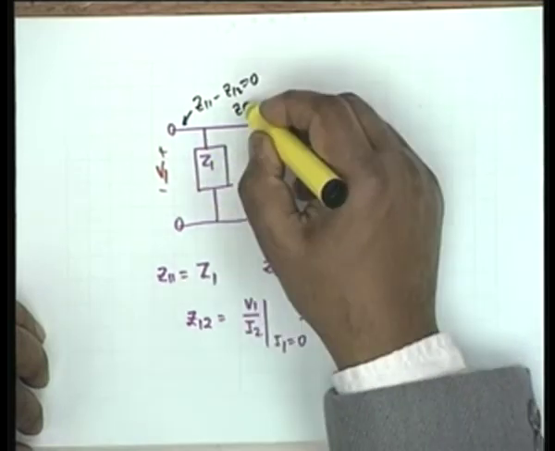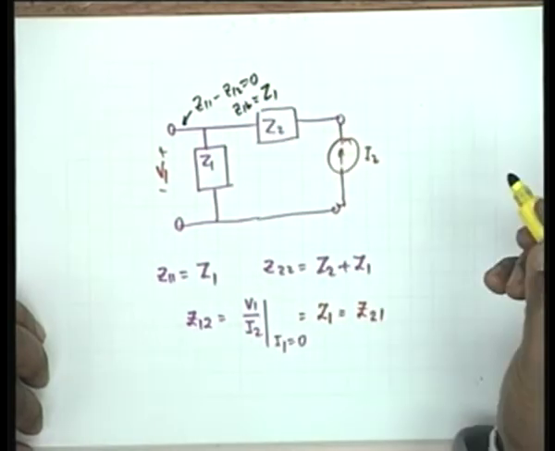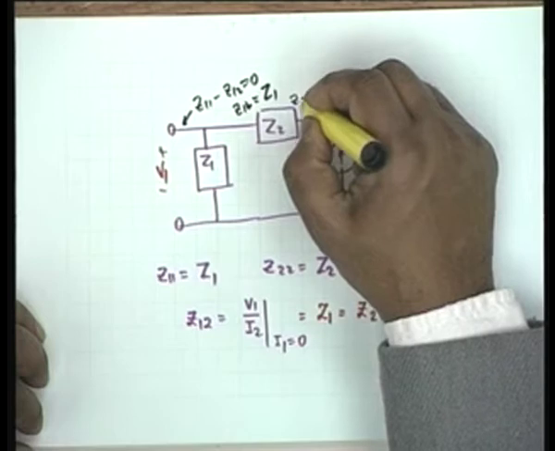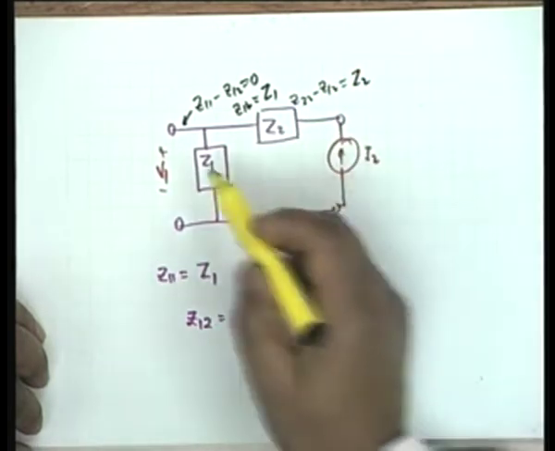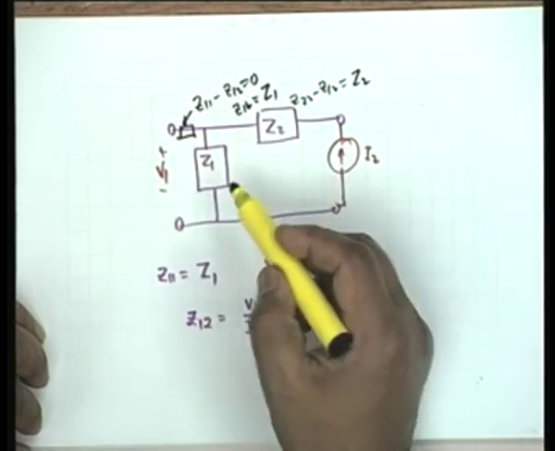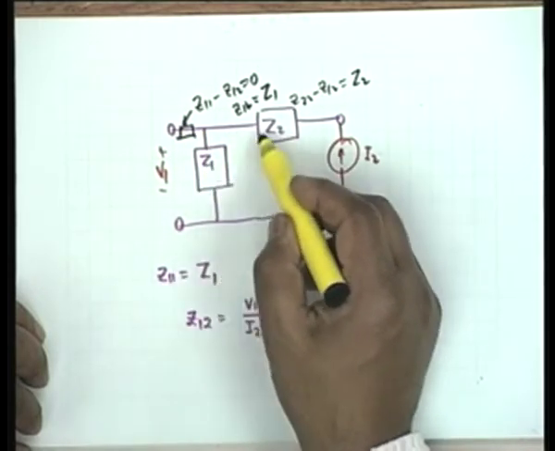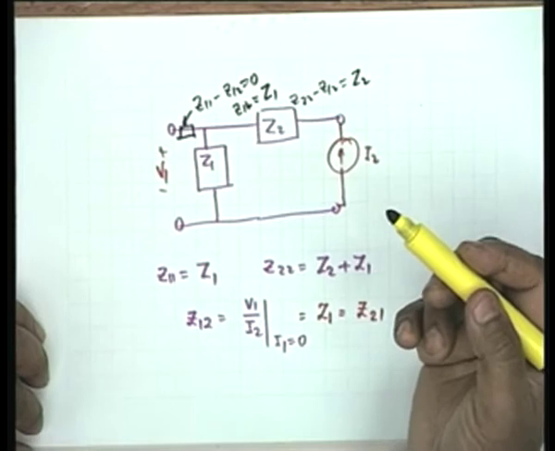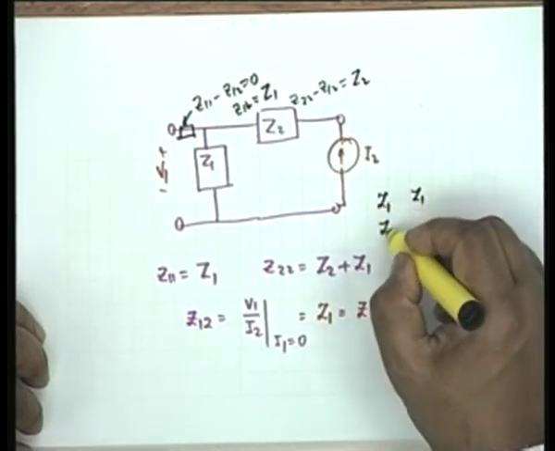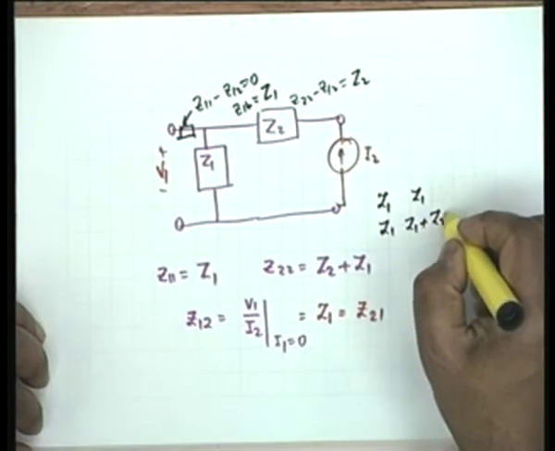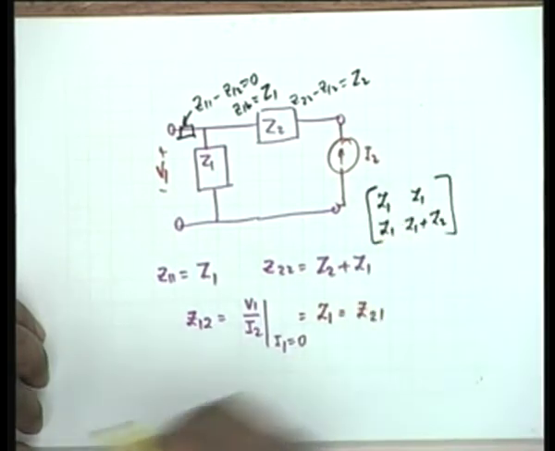Z12, the shunt element, is obviously Z1 and Z22 minus Z12 equal to Z2. Alright. This element is 0, this is Z1 and this is Z22 minus Z12 and therefore it gives the same results, that is Z1, Z1, Z1, Z1 plus Z2. This is the Z matrix.